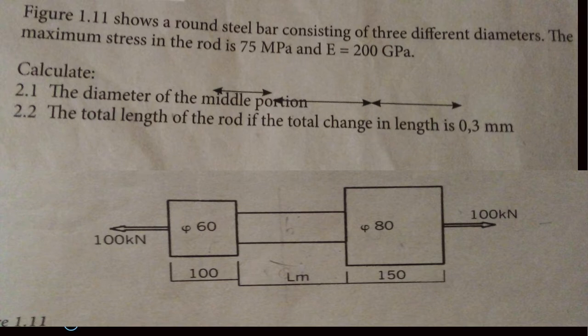We have the second portion, we're not given the diameter, and we are not given the length, in other words. We have the third portion. We are given a diameter of 80 and a length of 150.